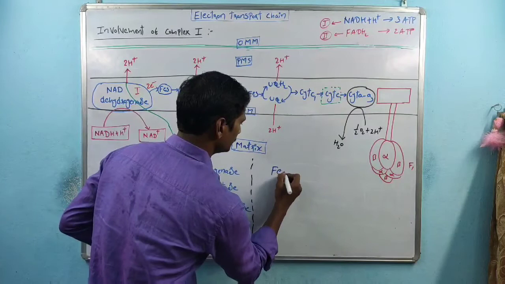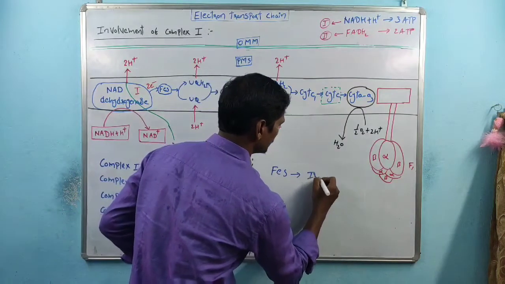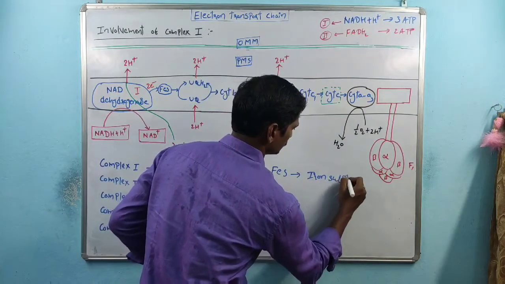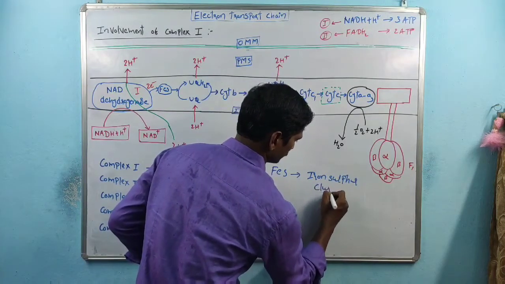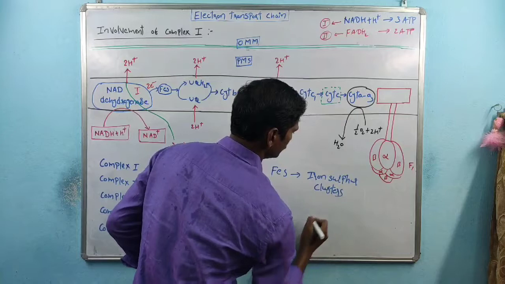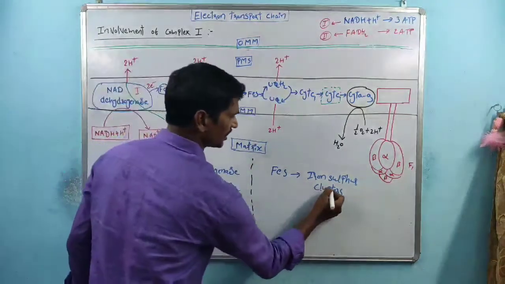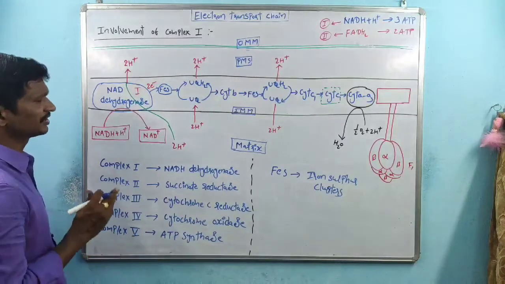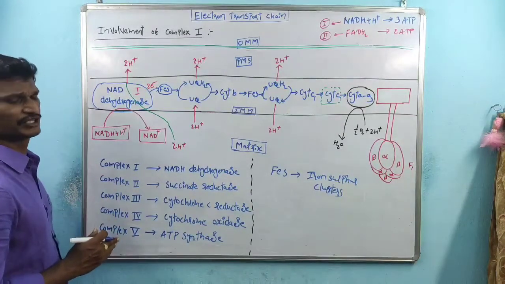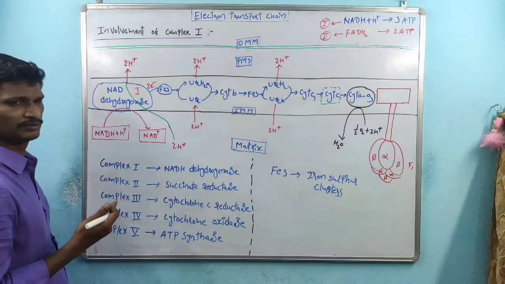Here FeS indicates iron sulfur clusters, right? The iron sulfur clusters are involved in the transportation of electrons from complex 1.